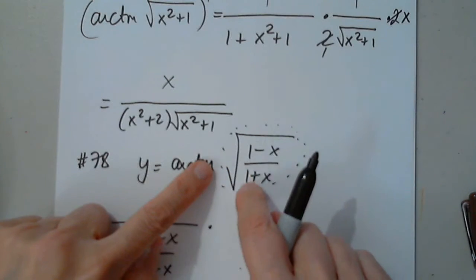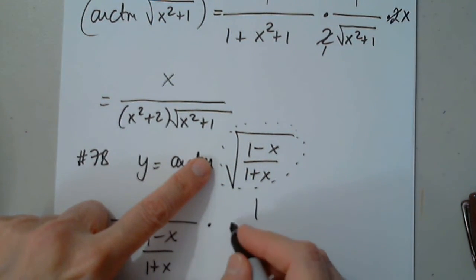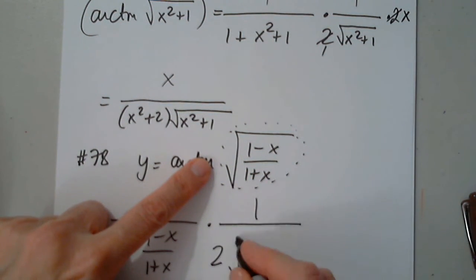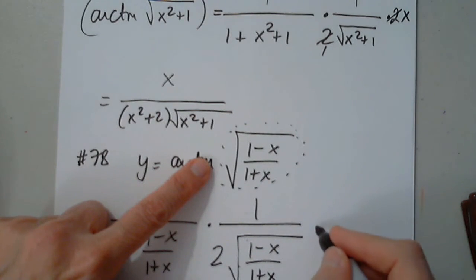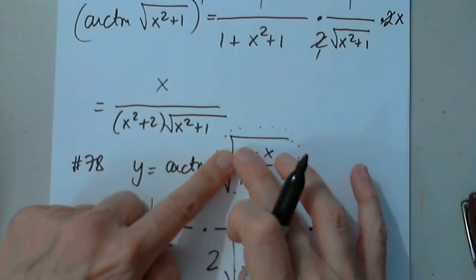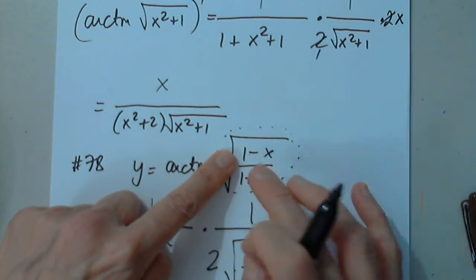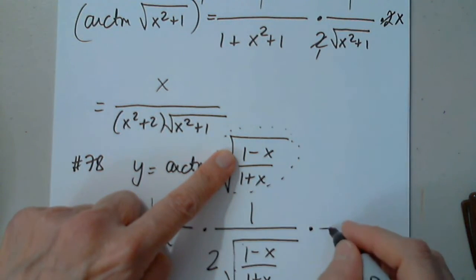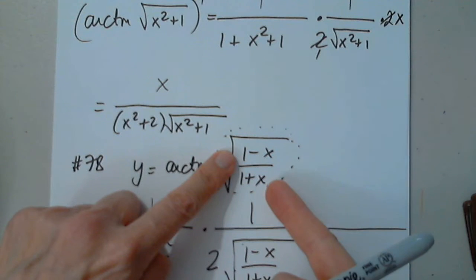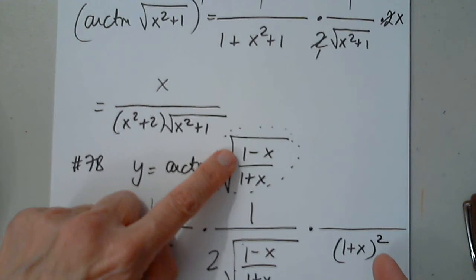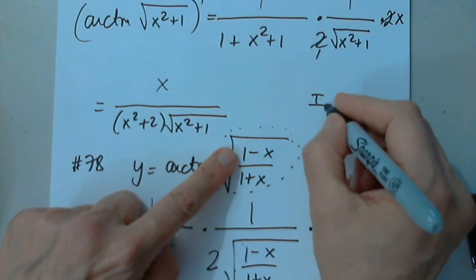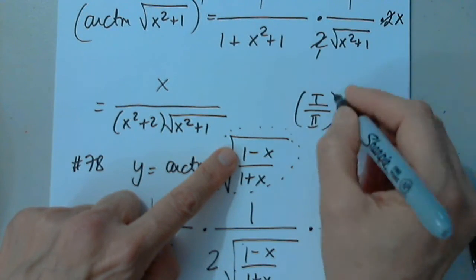And when I differentiate the square root, I have to have 1 over 2 the square root of whatever, times the innermost function prime, which I see is a ratio. I know to differentiate a ratio, I have to have 1 plus x squared in the denominator. And now I have to use the quotient rule.